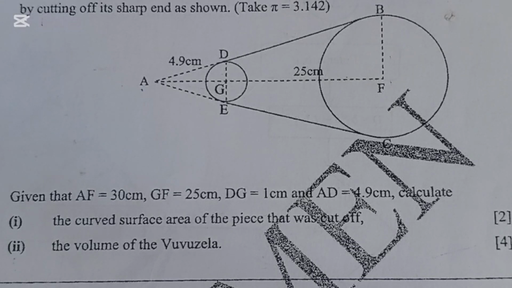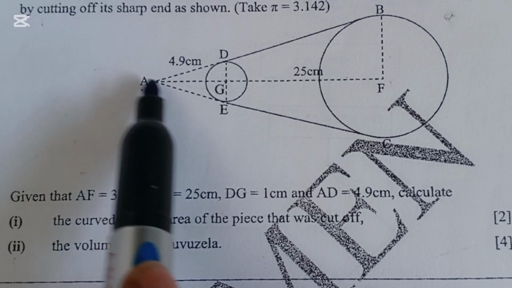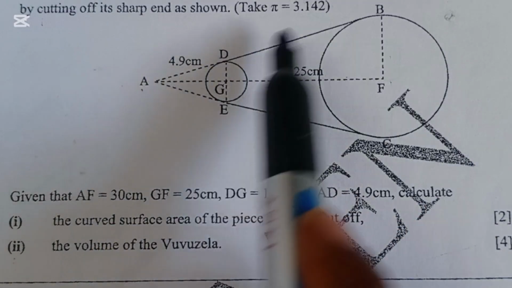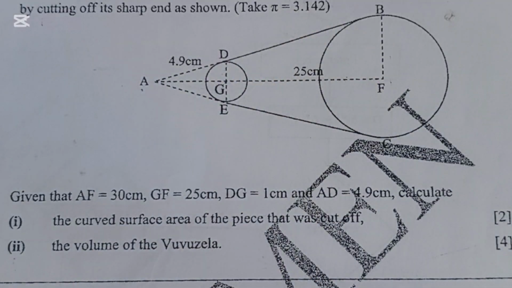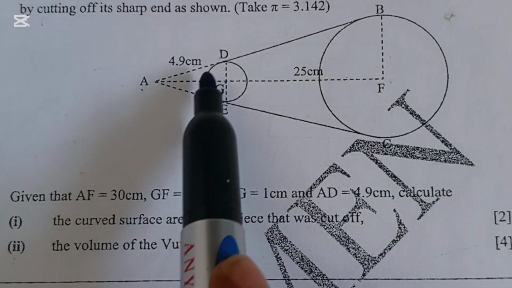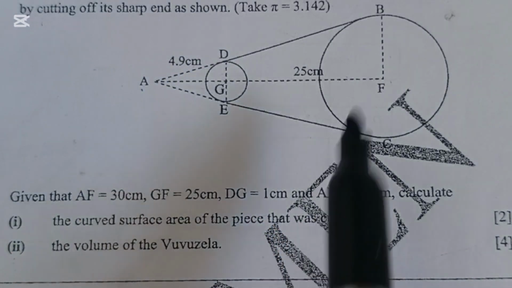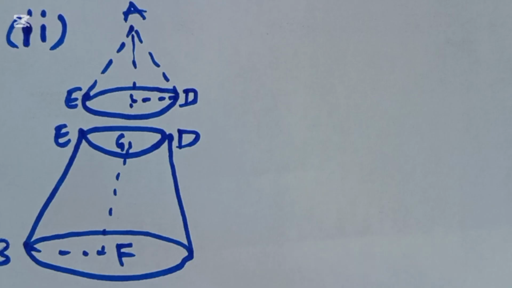So we are going to calculate the volume of the whole cone before this sharp end was cut off, so the volume of the whole shape minus the volume of the part which was cut off. Then we are going to remain with the frustum. How do we calculate now the volume of the vuvuzela, which is the frustum? So this is the frustum.